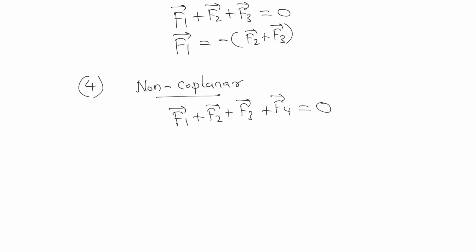So once again, remember that two forces of the same magnitude can keep an object in equilibrium. For coplanar forces of different magnitude, the minimum number required is 3. And for non-coplanar forces, the minimum number required is 4.